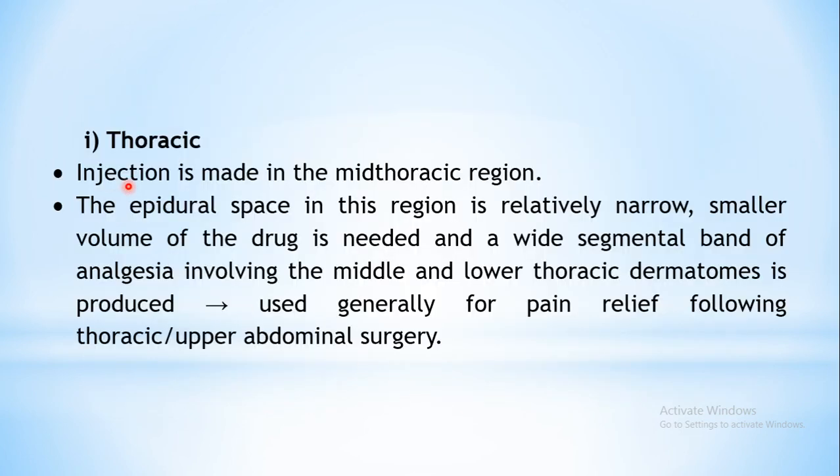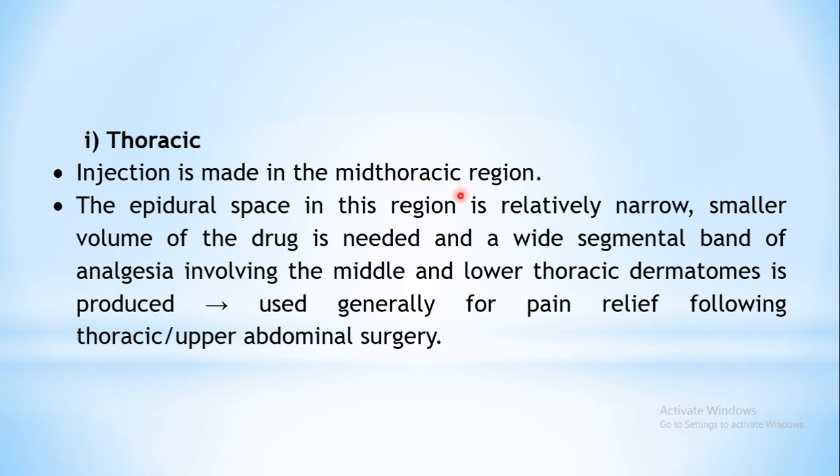Depending upon which vertebrae you are injecting into, it is divided into 3 types. First one is thoracic epidural anesthesia. The epidural region in the thoracic vertebrae is the site where you give the injection, somewhere around the mid thoracic region.